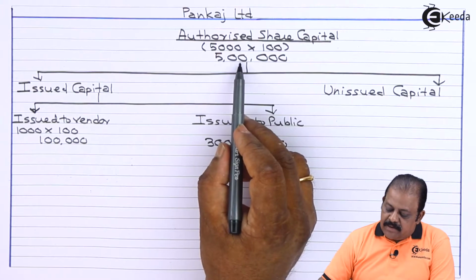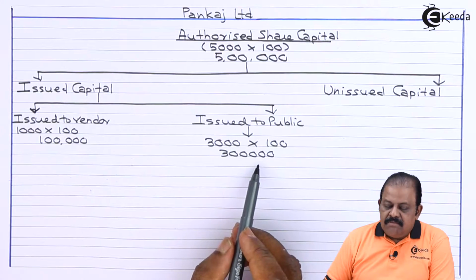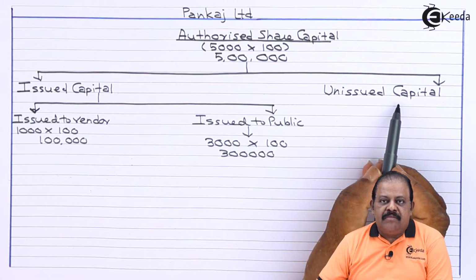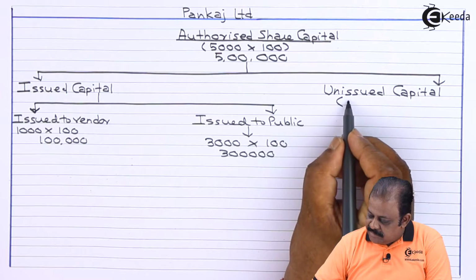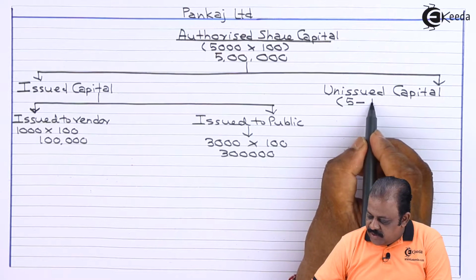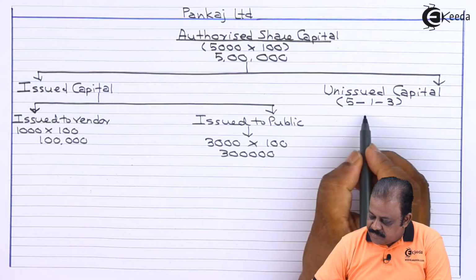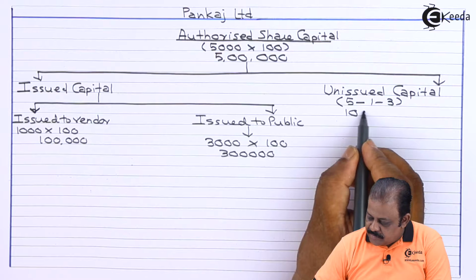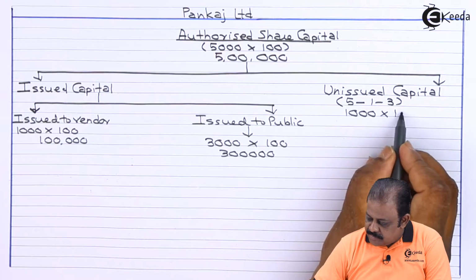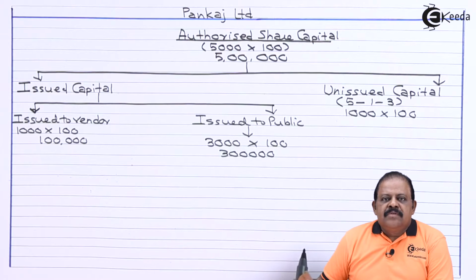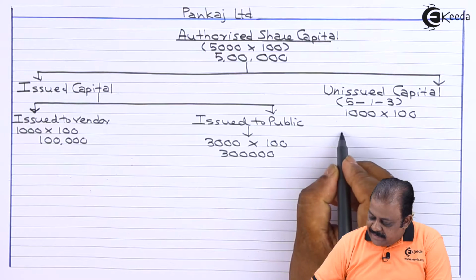Total capital is 5 lakh minus 1 lakh minus 3 lakh. Balance will be unissued capital. That is 5 lakh minus 1 lakh minus 3 lakhs. Thousand shares of 100 each.